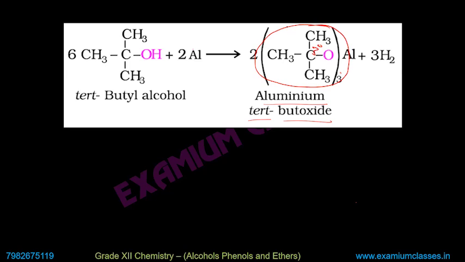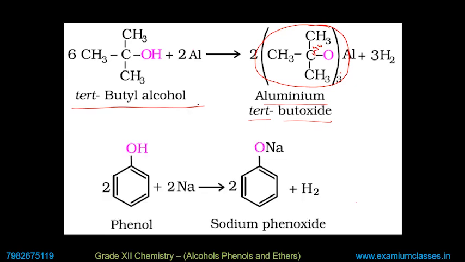That's why tert-butoxide from tert-butyl alcohol. Next example, simple phenol gives sodium phenoxide. The same reaction will happen with potassium also. So in place of sodium, you can have potassium, giving potassium phenoxide.